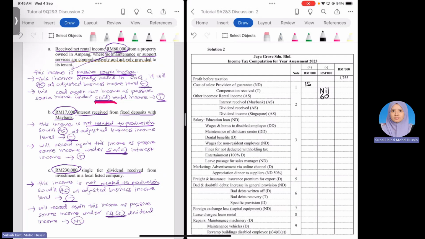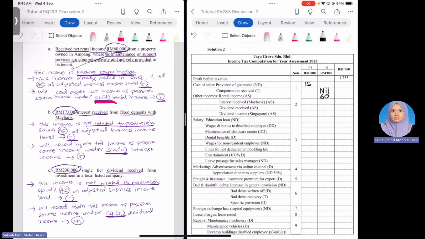2B is also the same. The company receives interest income after they place the money in Maybank as a fixed deposit. Of course, this income is also not related to the production of the household product.